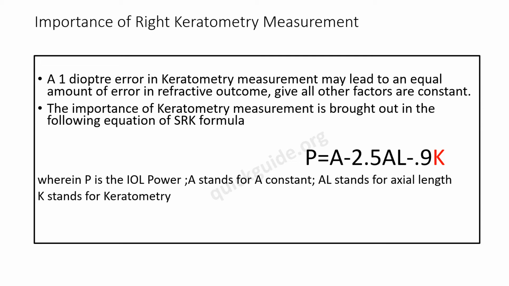So you can well understand the importance of keratometry in the final IOL power calculation. If the keratometry is off by 1 diopter, then the final IOL power that will be calculated will also be off by 1 diopter, which is well brought out in this equation, right?